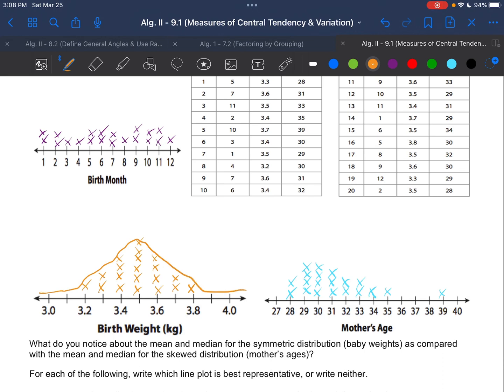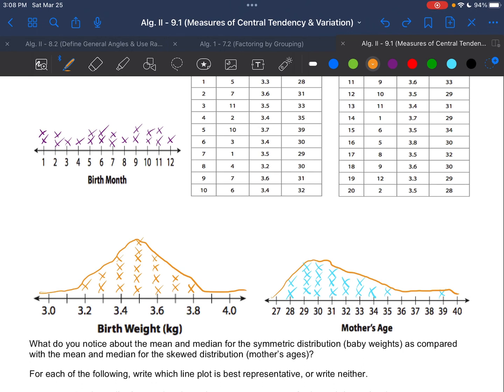If you draw a little curve on it too, you can see how it goes higher in the middle, and it just decreases 4, 2, 1, 4, 2, 1. So very symmetrical. Where here, this ends up being up here, up here, up here. I should have drawn that a little bit shallower there. And goes down, it has to keep going before it ends all the way over here at 39.